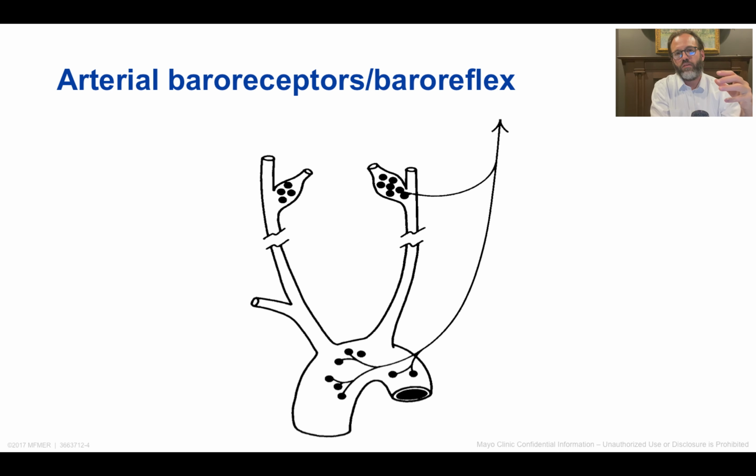Now, when we look at where these baroreflexes are located, they are located in the aortic arch as well as in the carotid sinus. So evolutionarily, of course, this makes a lot of sense, because if you have baroreflexes at the site of the aortic arch, that is a terrific place.